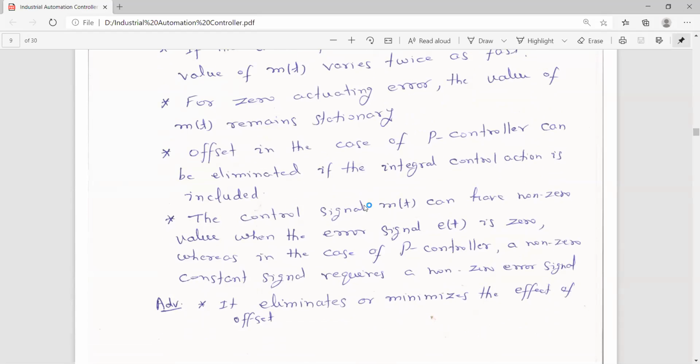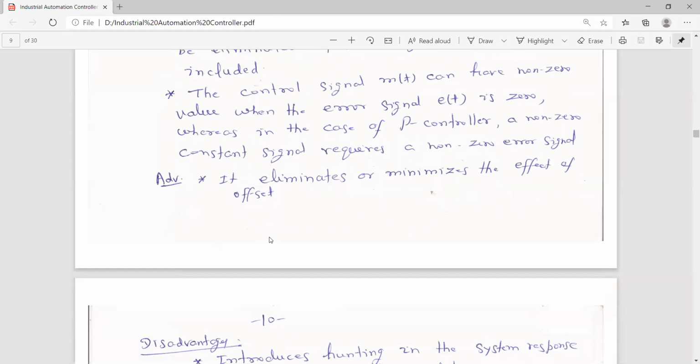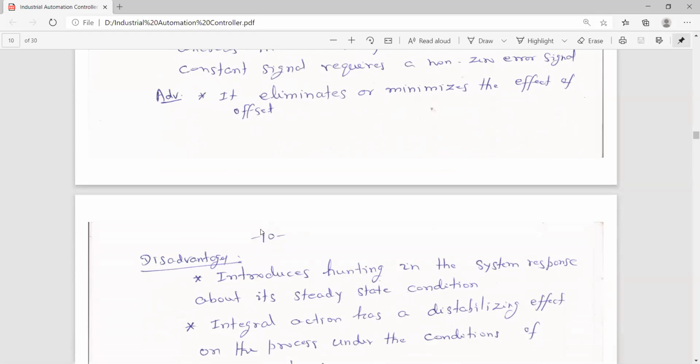Then the control signal MT can have a non-zero value when the error signal ET is 0, whereas in the case of the proportional controller, a non-zero constant signal requires a non-zero error signal. So this is a major advantage: it eliminates or minimizes the offset which was there in the case of the proportional controller.